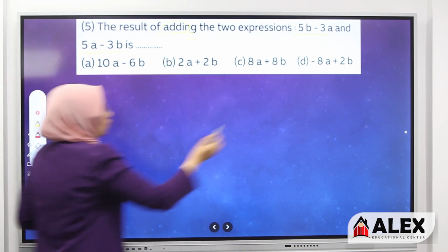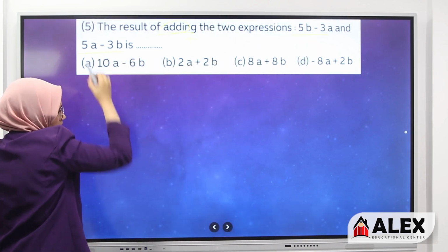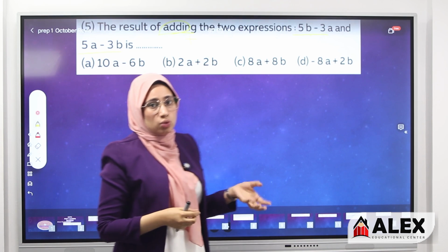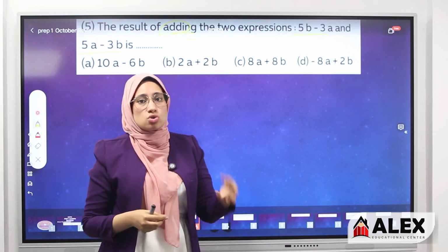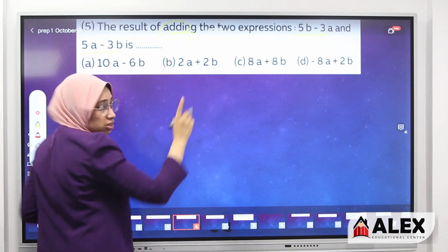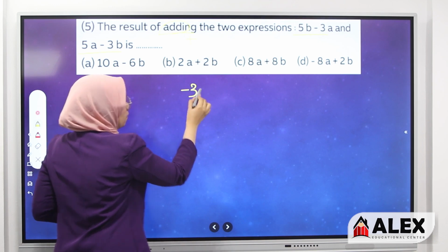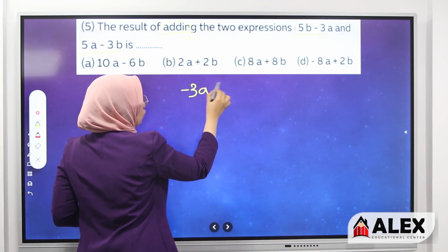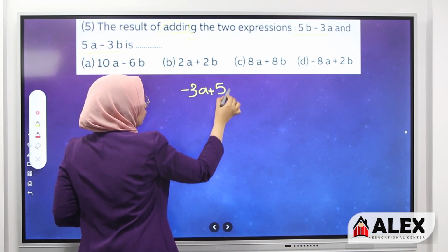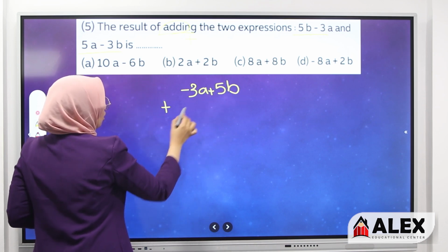Okay, here we start with b then a, and here we start with a then b. The first thing we make what? We make the arrange of this like this. Number 1, and not forget the sign. It's like negative 3a, positive 5b. Adding by what?